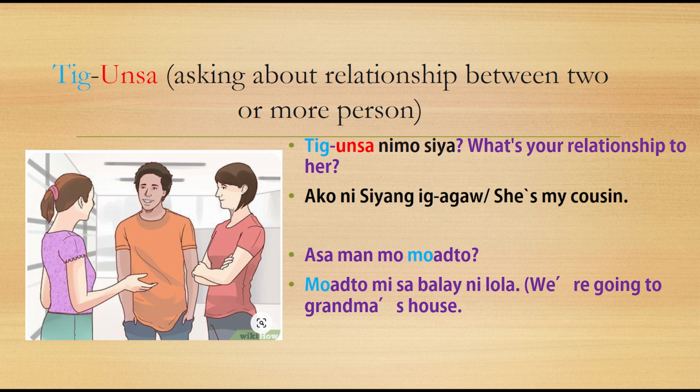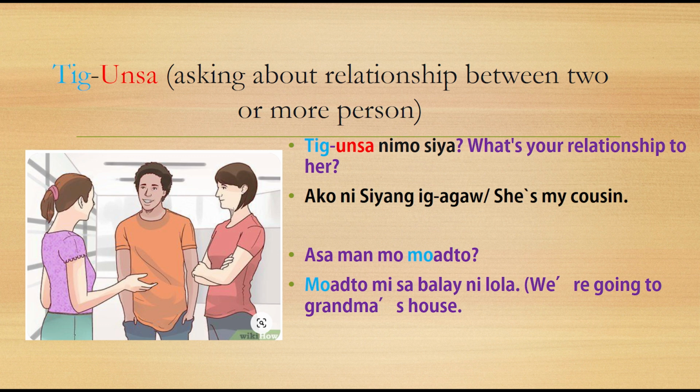Okay. So imong tubag, ako ni siyang igagaw. Igagaw is like cousin, okay? Cousin, igagaw. Asa man mo moadto? Where are you going? Asa man mo moadto? Moadto mi sa balay ni Lula. We are going to grandma's house.